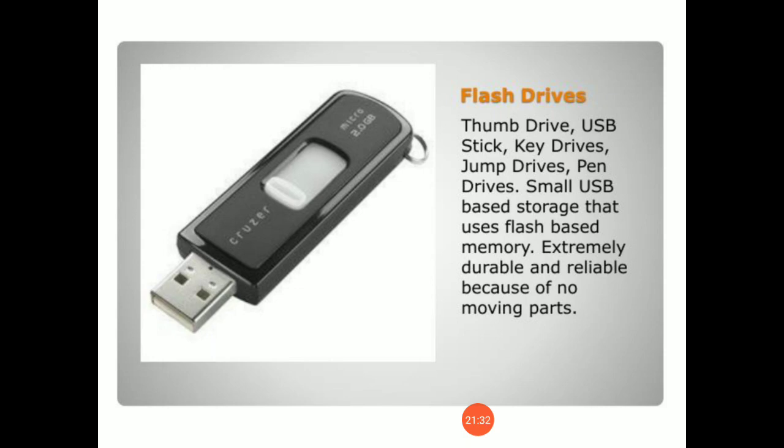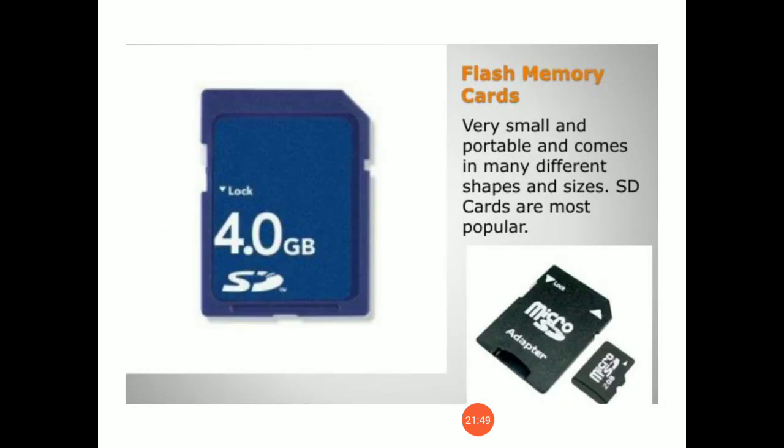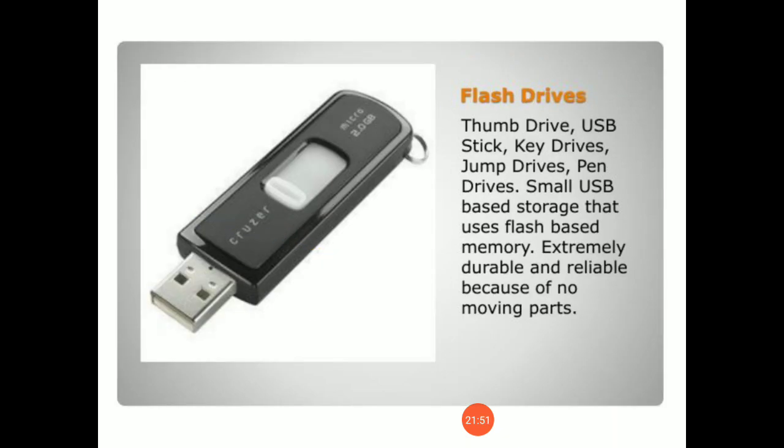A single flash memory chip may not have large capacity, and hence memory modules consisting of several memory chips have been developed. These flash memory modules are available in 2 forms: flash cards and flash drives. Typical capacities of flash cards are 128 MB to 64 GB.